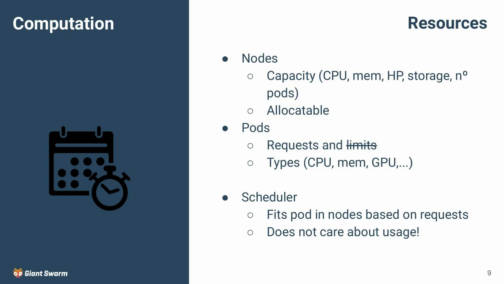This is the concept that Kubernetes uses to be able to place the pods into the nodes. And the types of resources a pod can define are CPU, memory, GPU, huge pages, different types of resources that it will need to run your code.